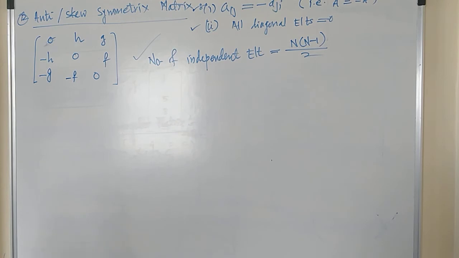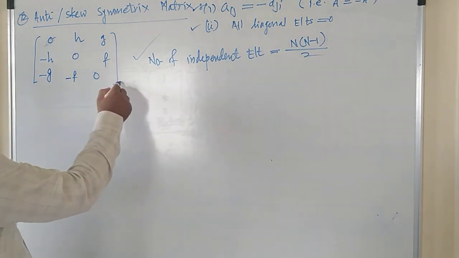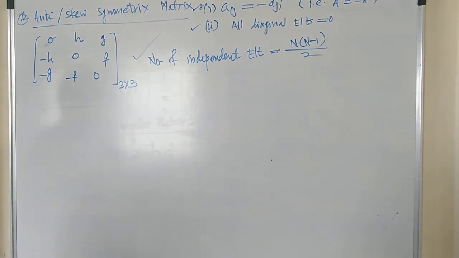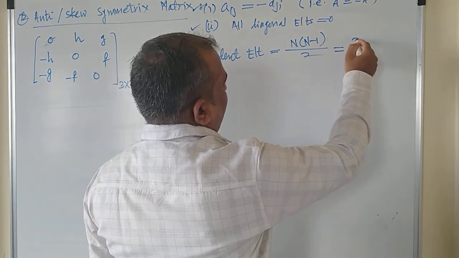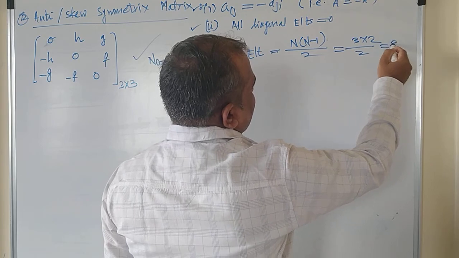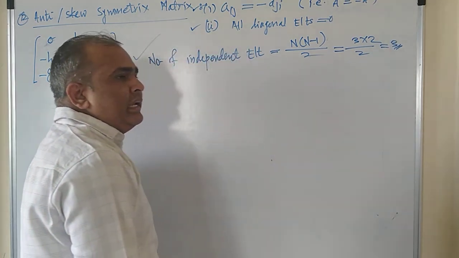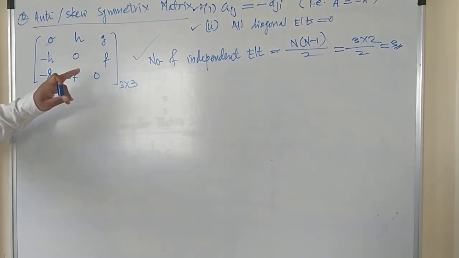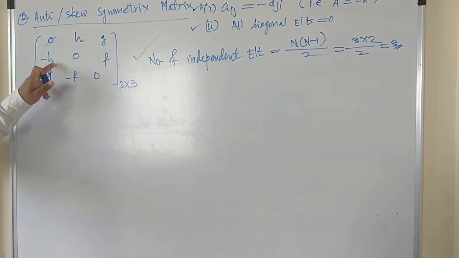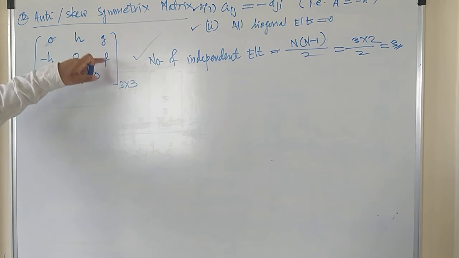So what is n? n is the number of rows and columns. It's a 3 by 3, right? So 3 into 2 by 2 will give me 3. So there are only 3 independent elements, which are F, G and H. Minus G, minus F and minus H are dependent upon these elements.